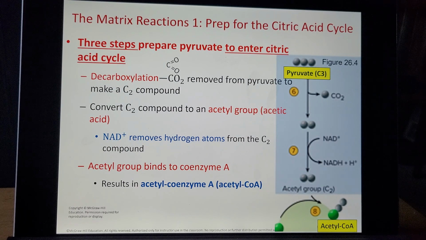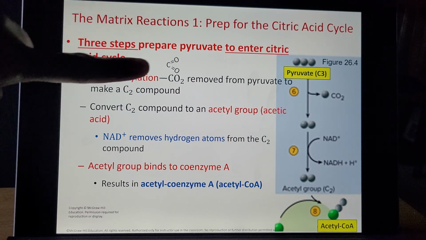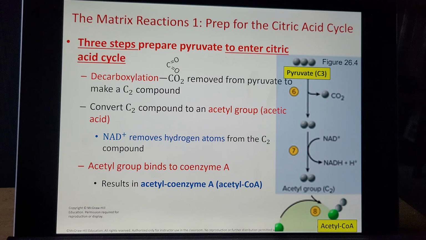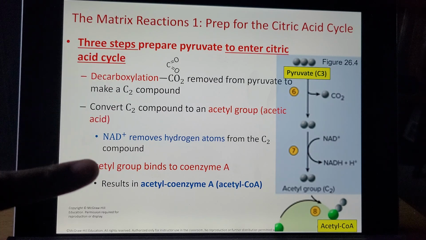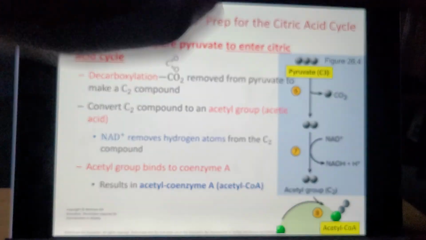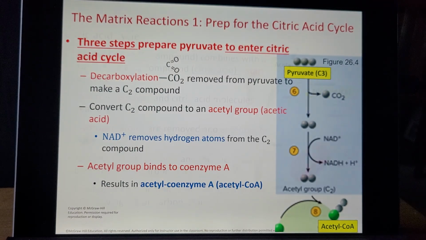Okay, so there are 3 steps to take pyruvate to our citric acid cycle. We remove 1 more carbon, and we end up with a 2-carbon molecule, creating an acetyl group. When it binds to CoA, it becomes acetyl-CoA, which moves into our citric acid cycle.